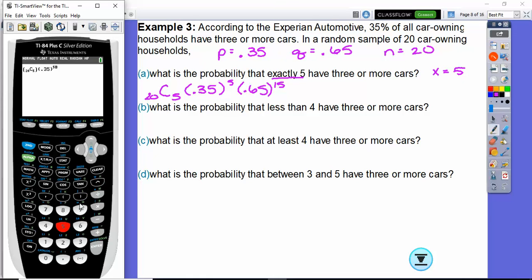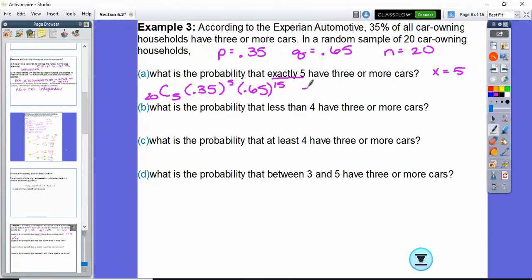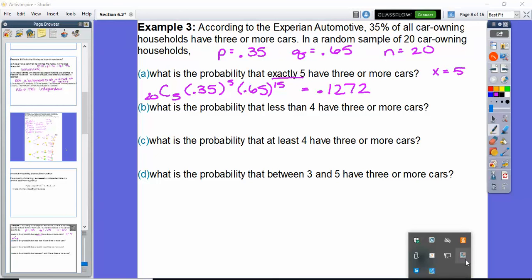Then I want 0.35 to the 5th power and 0.65 to the 15th power. So I get 0.1272.